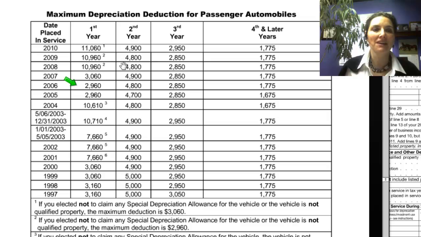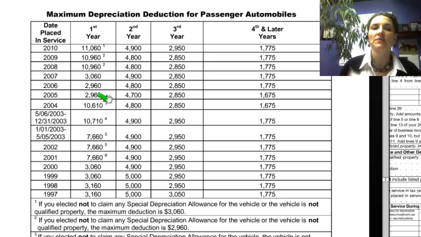And of course, in 2009, second year depreciation. So what that would mean is, say in 2009 you were depreciating a car and 2009 was the second year, then the depreciation in 2009 for that vehicle was $4,800. And if in 2010 you have a car that is in service in its second year, that deduction is $4,900. But why is it 49, then 48, 48, 49, 48, 47? Again, I don't know.